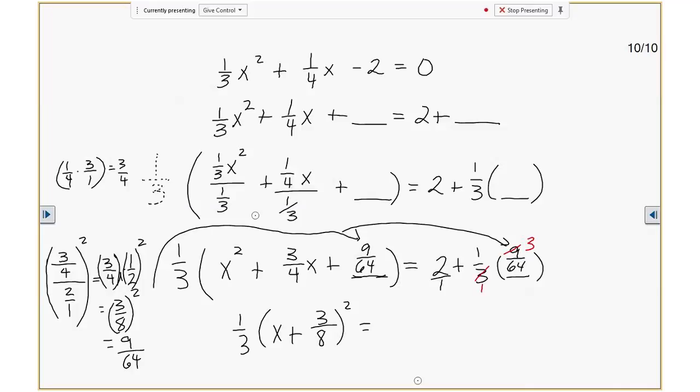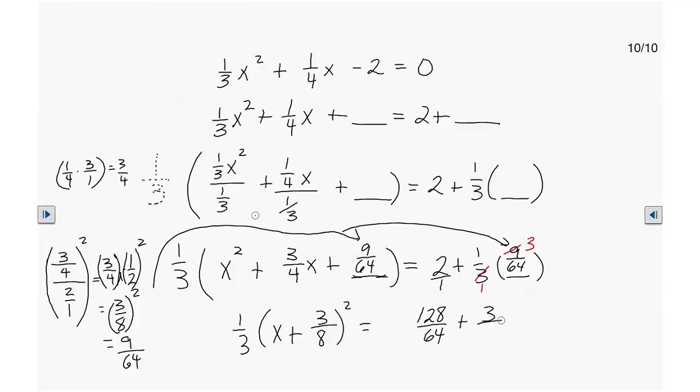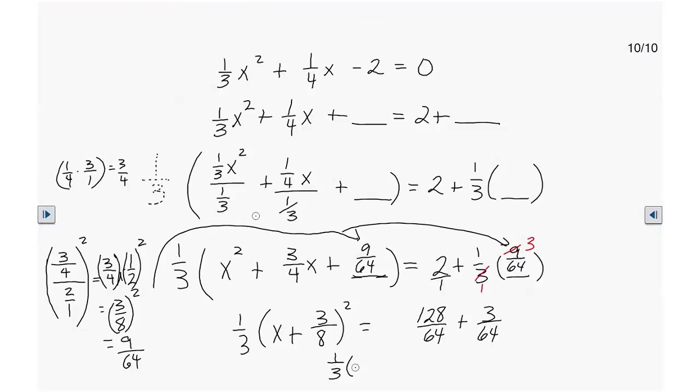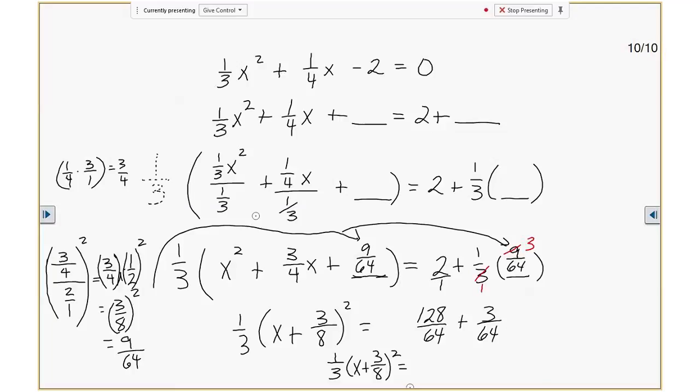So I'm going to make this 128 over 64. 128 over 64. Plus, not with plus, no. You can't do it with plus. Over 3 plus 3 over 64. So 1/3 times x plus 3/8 quantity squared is equal to 131 over 64.